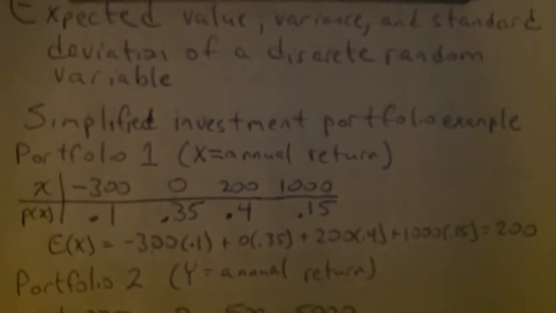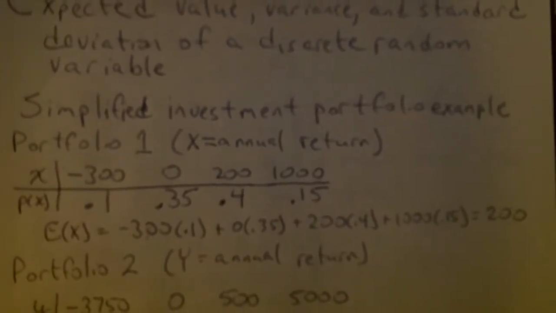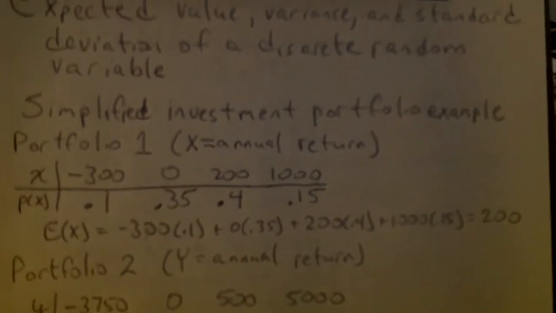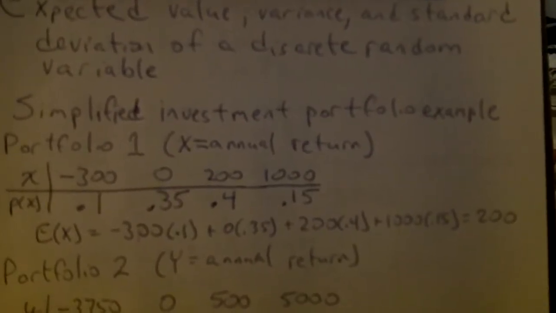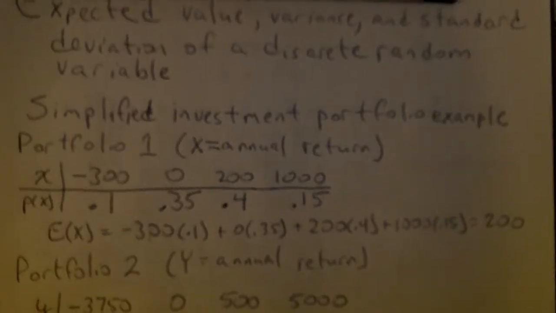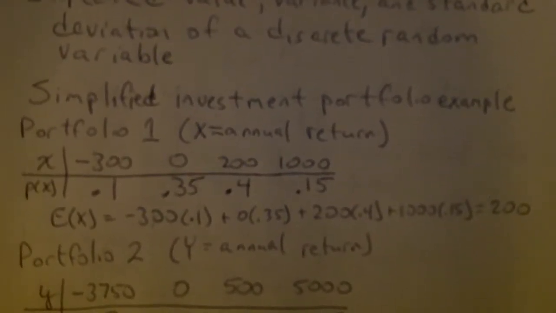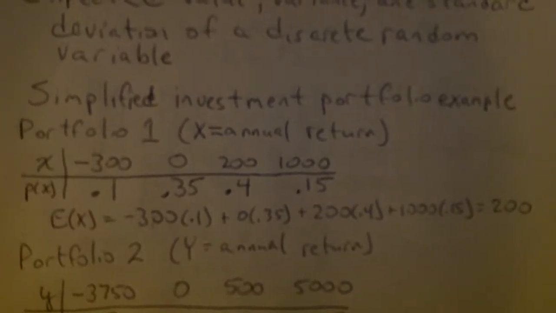But anyway, what we're doing here is a simplified investment portfolio example. We've got two different portfolios. The annual return on these portfolios, meaning basically how much you get back at the end of the year, is given in a simplistic form here.